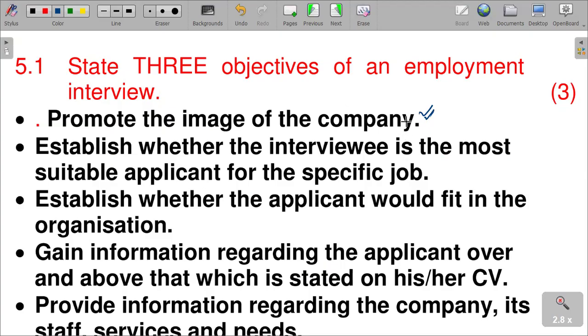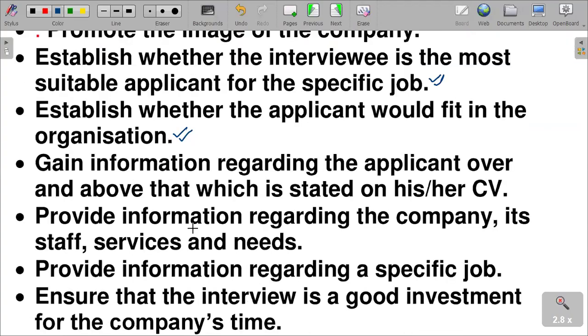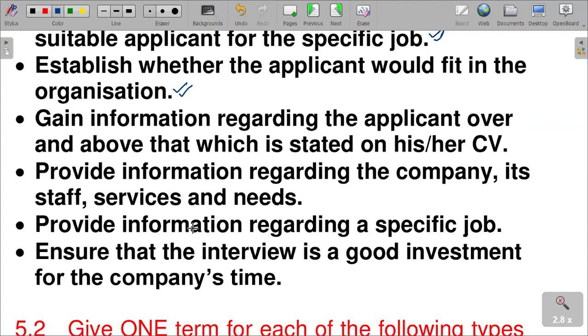Establish whether the interviewee is the most suitable applicant for the specific job. It is an evaluation to see if the interviewee can meet the specific job requirements. Establish whether the applicant fits into the organization also. That is the importance of a job interview.